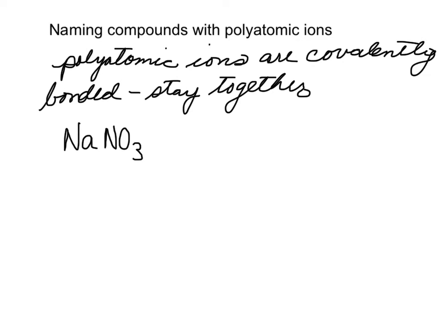So the first part, we're going to call sodium sodium, and we're going to call NO3 what it's called on the chart, which is nitrate. Let's get a U in there somehow. So sodium nitrate.